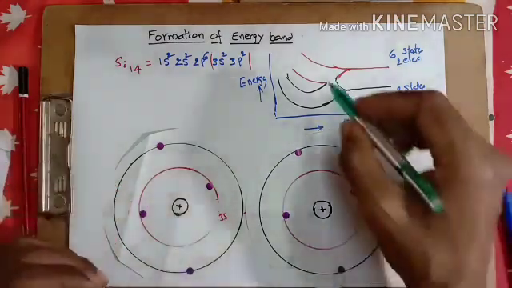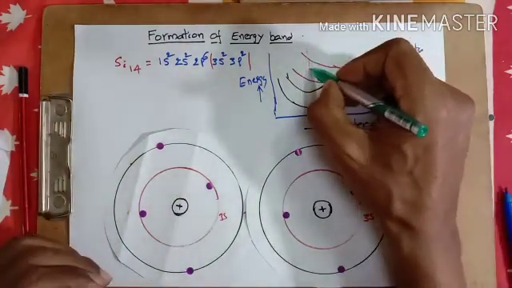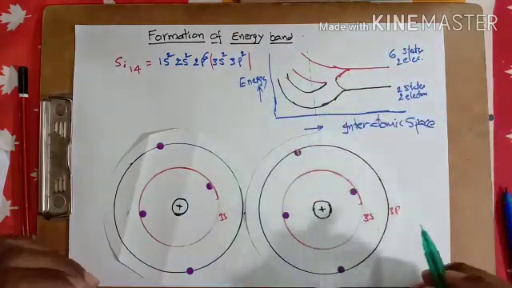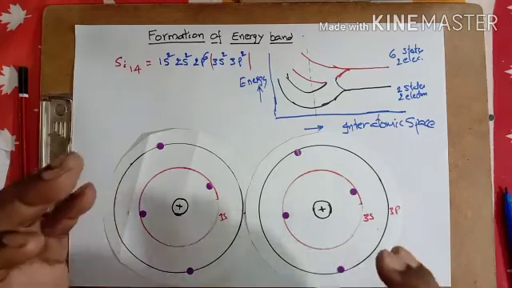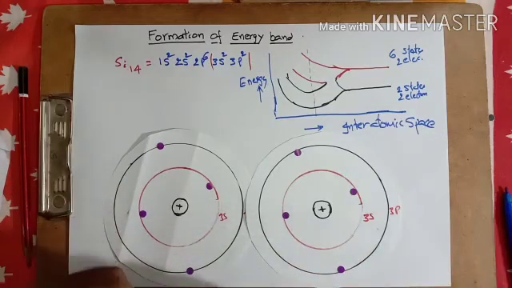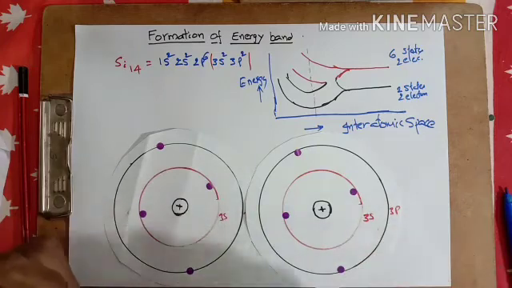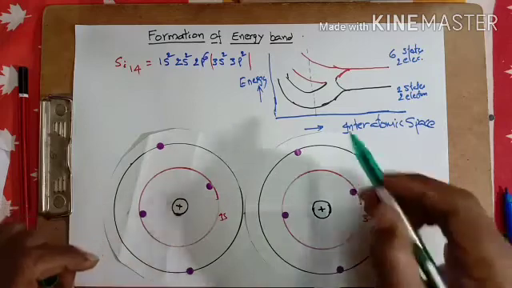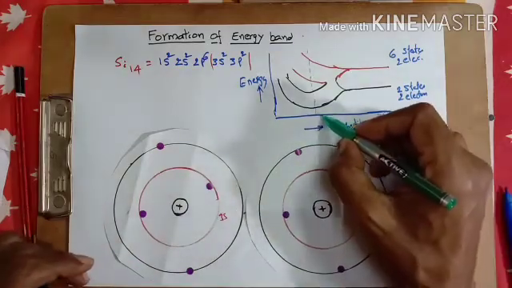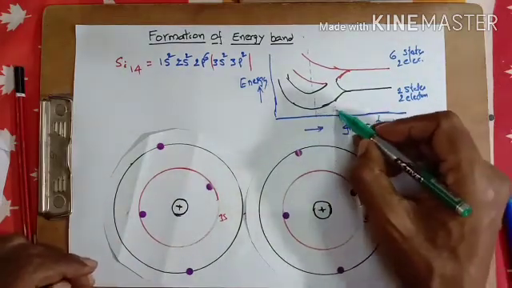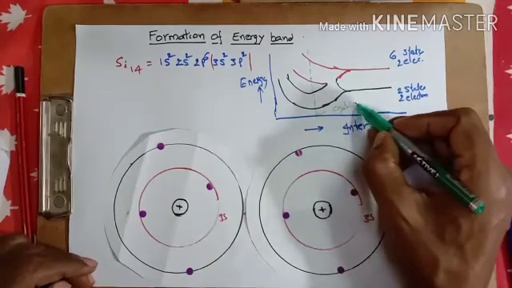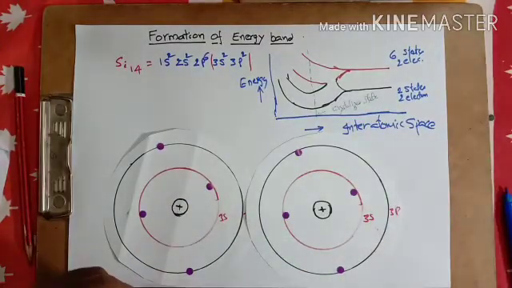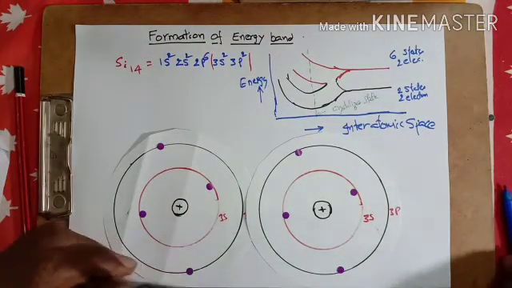It becomes solid. The interatomic space will be fixed at that point. At a particular temperature, it becomes crystallized, it becomes solidified. Okay, so it will stay there. So at that particular point, this is the crystallized state of silicon.